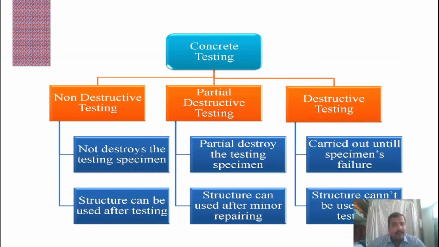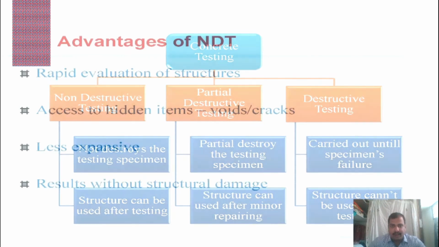In the case of destructive techniques, we cannot use the specimen after testing, because destructive testing destroys our sample or specimen in the process of testing. So this is all about concrete testing.